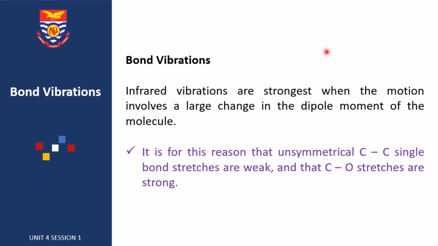So, if the change in dipole moment is huge, then you can have a strong peak. So, in infrared, you realize that unsymmetrical carbon-carbon single bond stretches are weak. However, the carbon-oxygen stretches are very, very strong in IR because of the difference in the dipole moment.